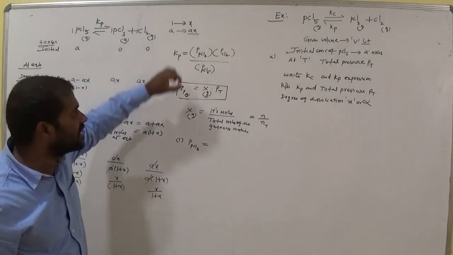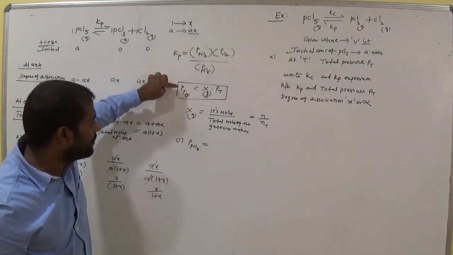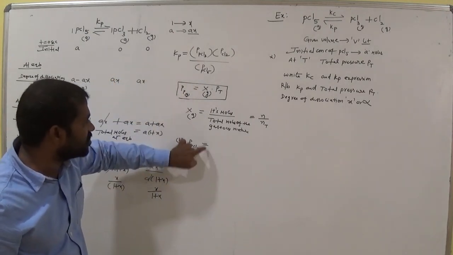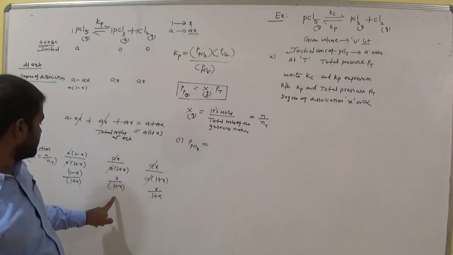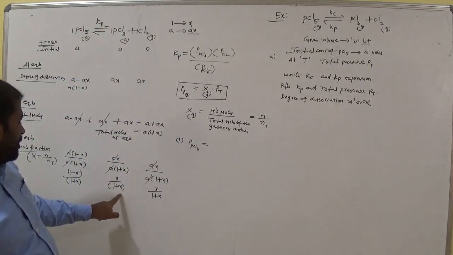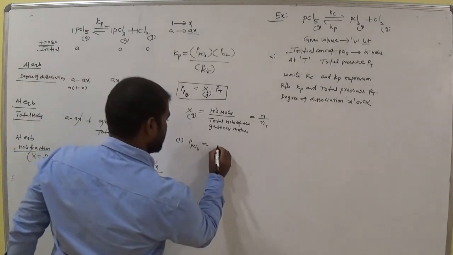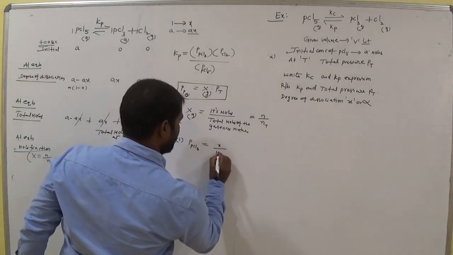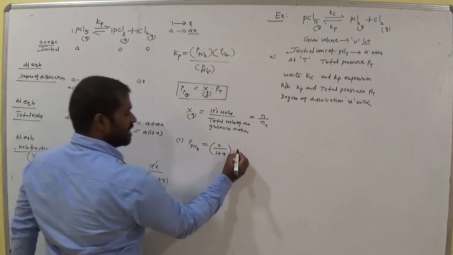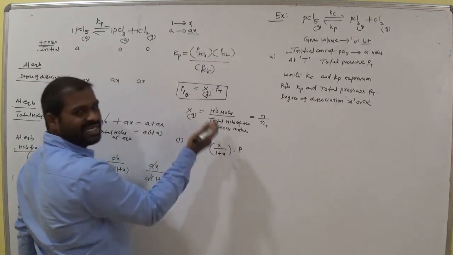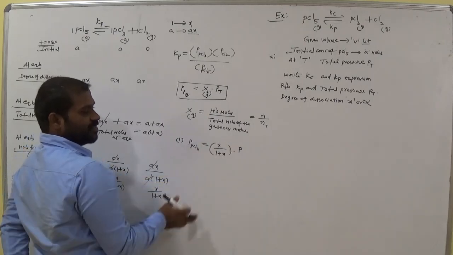Now I would like to calculate partial pressure of PCl3. Partial pressure of PCl3 is equal to its mole fraction. What is the mole fraction of PCl3 here? X by 1 plus X, am I right? X by 1 plus X is the mole fraction into P, the total pressure. PT or P, P is the total pressure here.